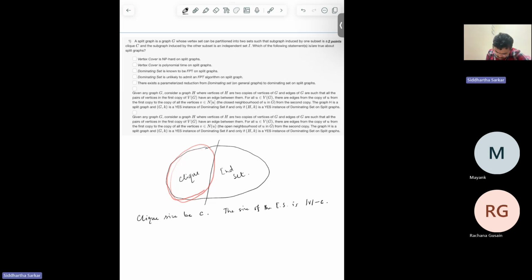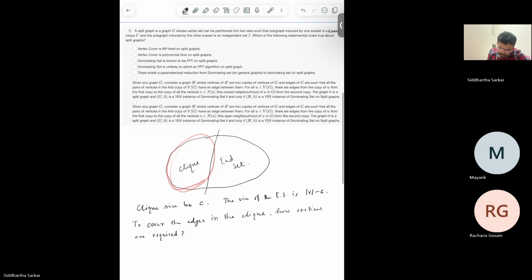So the first question is, to cover the edges in the clique, how many vertices are required? If you take all the vertices of the clique, then definitely all the edges will be covered.